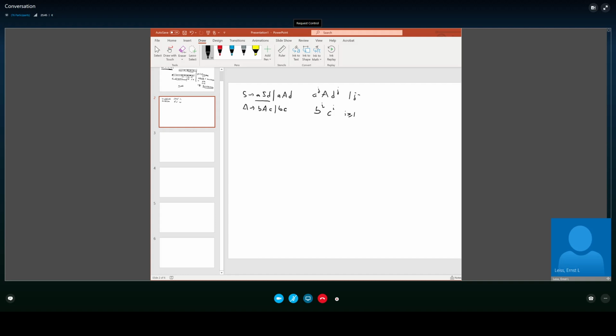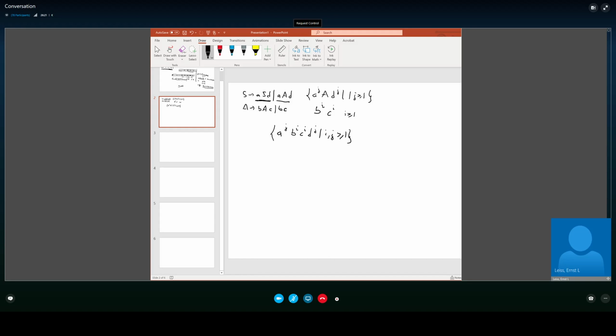So again J is greater or equal to 1, because you may not use this one at all, but you do have to use this one, which gives you one A and one D with the capital A sitting in the middle. So what you're going to get is A to the J, B to the I, C to the I, D to the J, and I and J are both greater or equal to 1. They're, of course, independent. Okay?